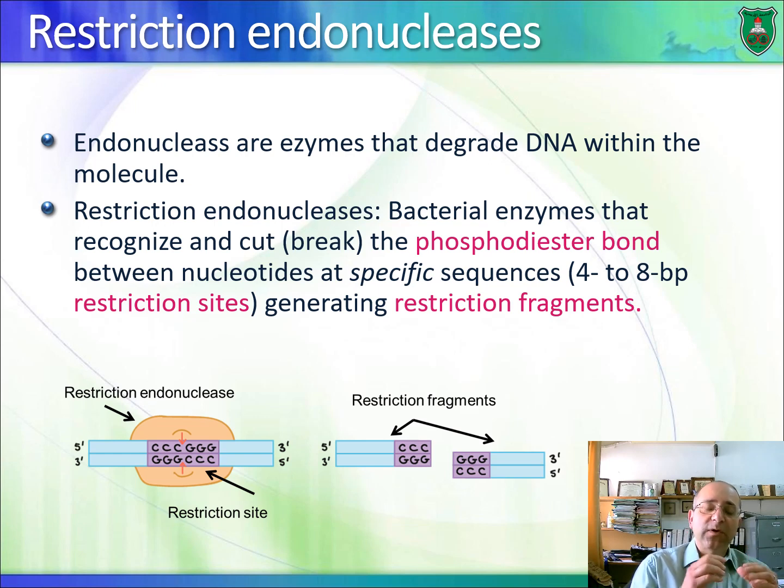This region, the sequence of nucleotides, is known as a restriction site. It's a place where the restriction endonuclease recognizes. For example, here you have a sequence within a DNA fragment: C, C, C, G, G, G. The restriction endonuclease recognizes this sequence.